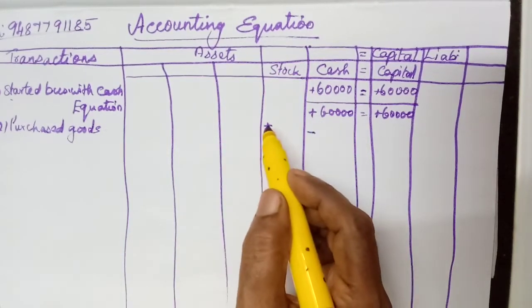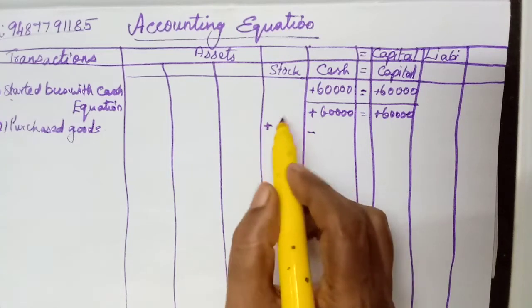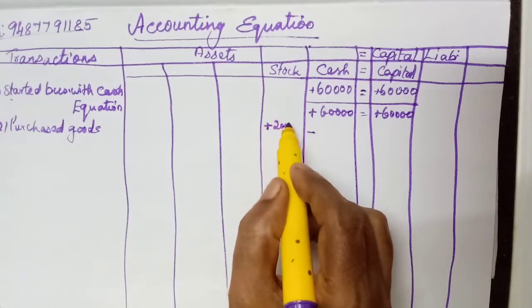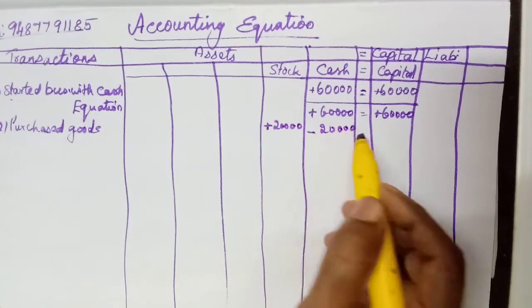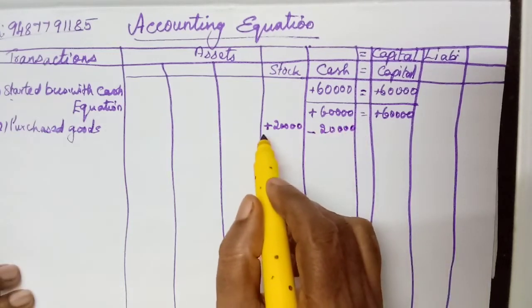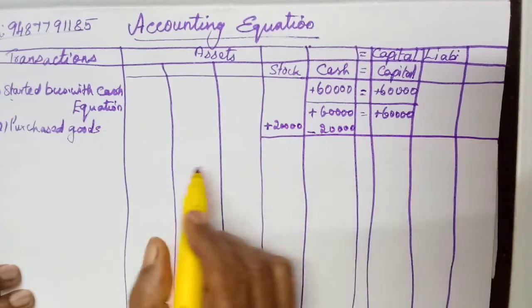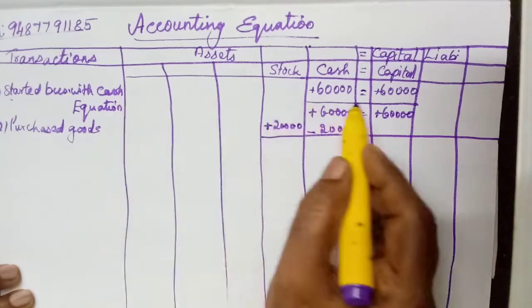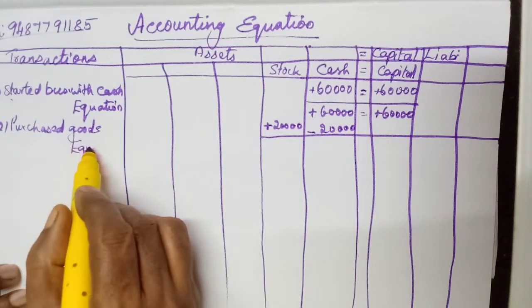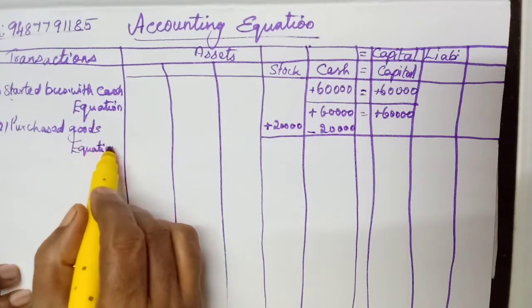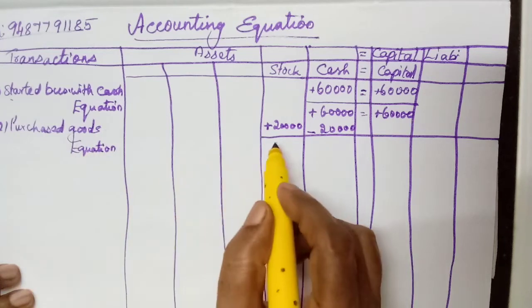How much is the amount? 20,000. So you write 20,000 here, increases. Here 20,000 it will decrease. Now we should write the equation. Every time, after each and every transaction, we should write the equation.